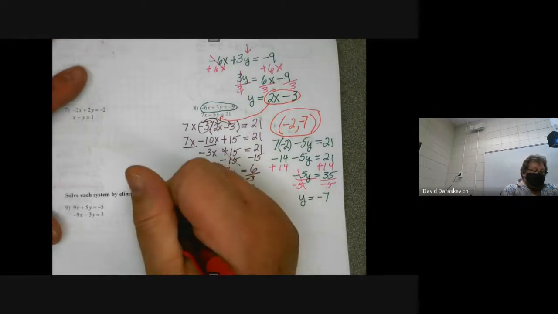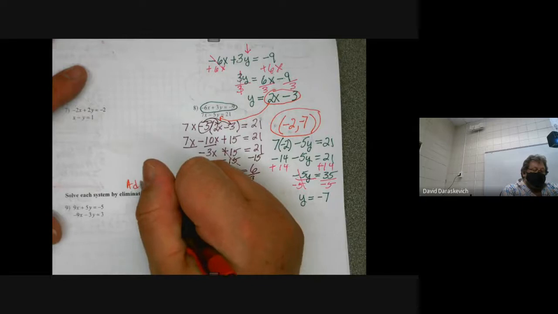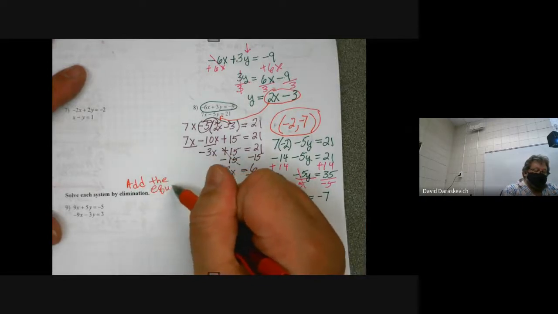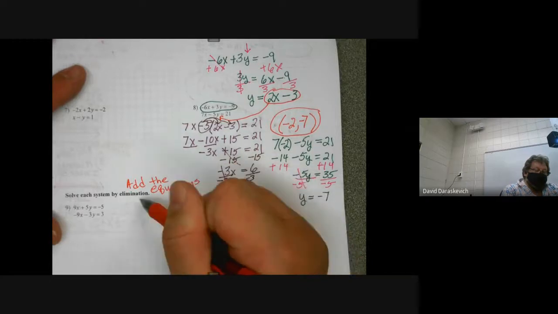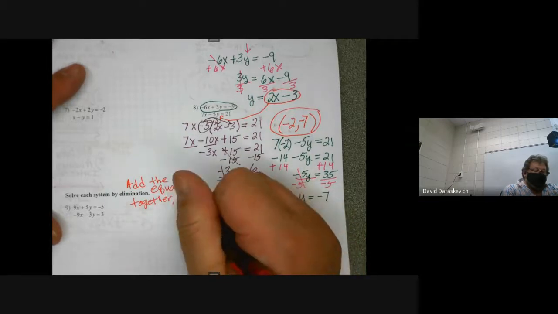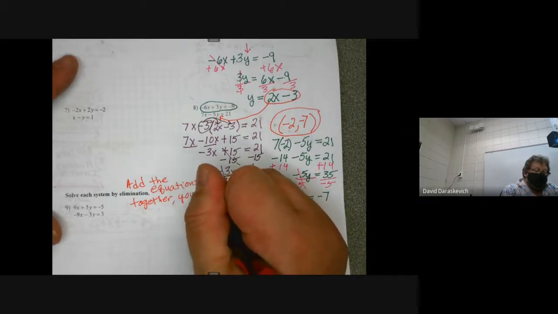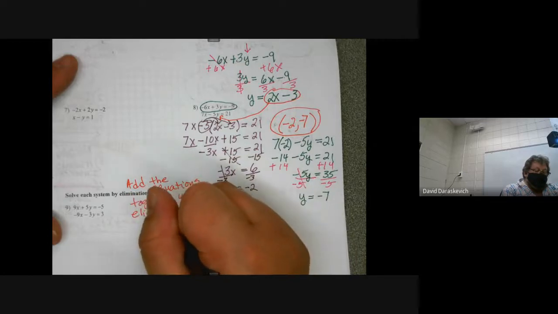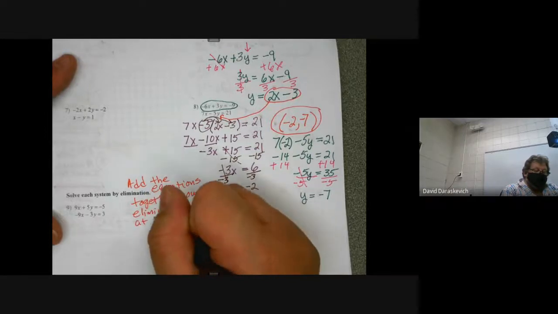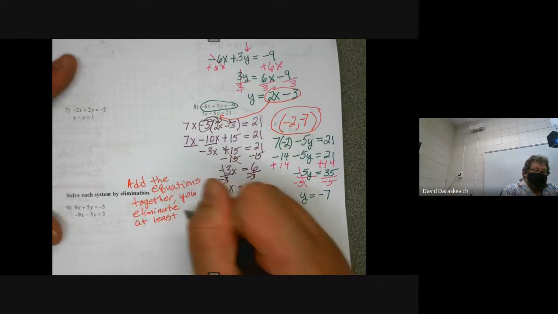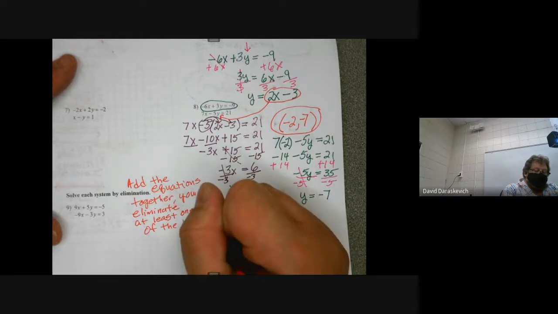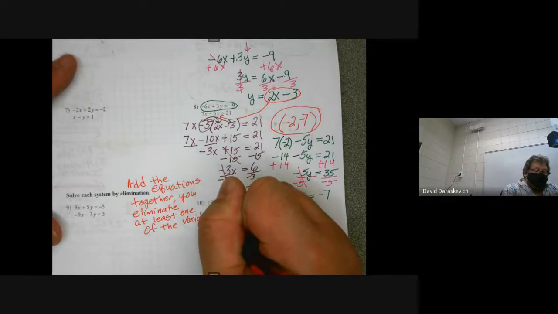Elimination is when you add the equations together, you're eliminating at least one of the variables. Okay.